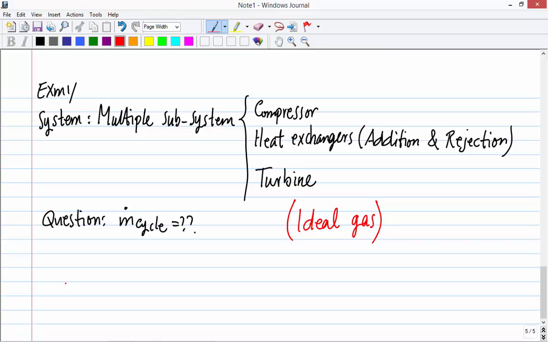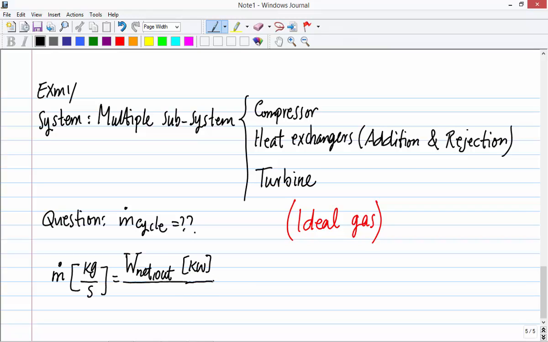So is it possible to write it this way, that m dot with the unit of kilogram per second equals W dot net out, right? The net power, the outlet power, and in the unit of kilowatt.